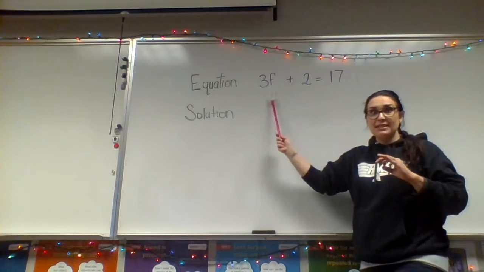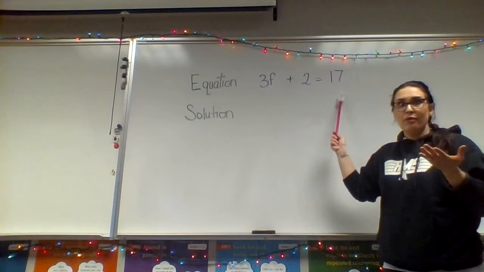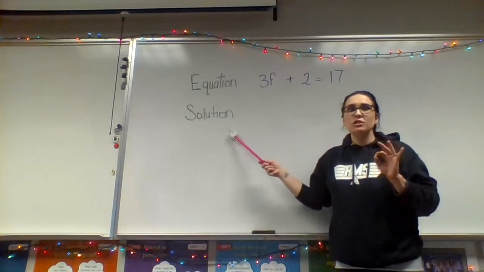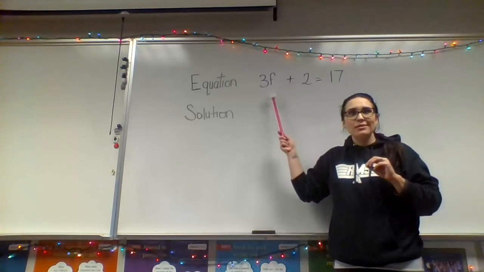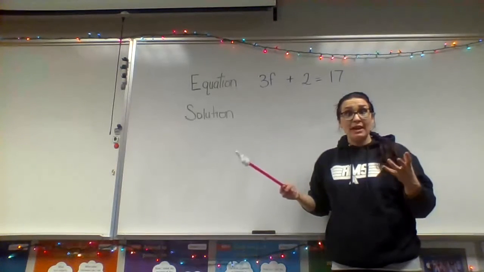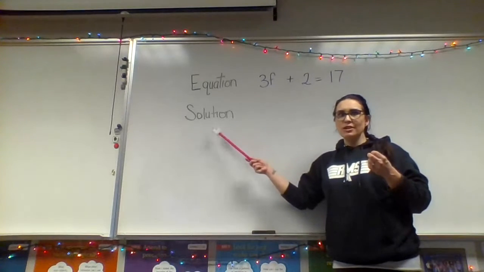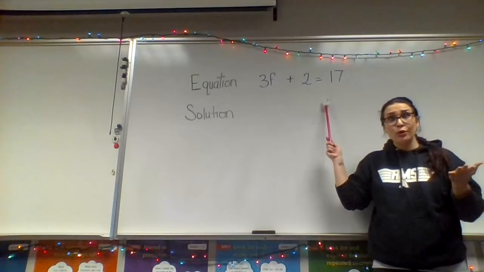That tells me that this side of my equation is the same as 17, right? Now let's talk about this word solution, all right? Solution is referring to this little variable, that letter f. And what it wants to know is, what's the solution for f that would make this whole thing true?